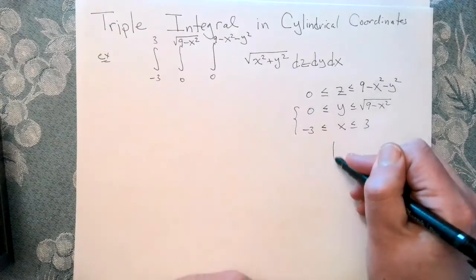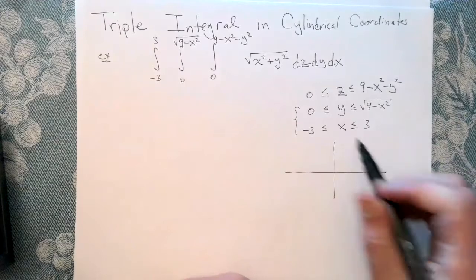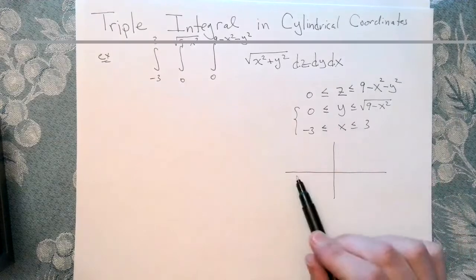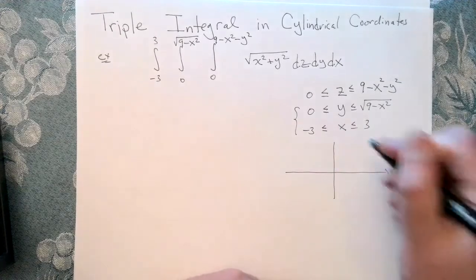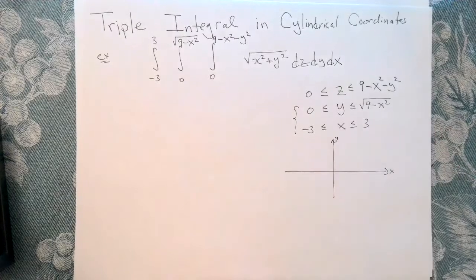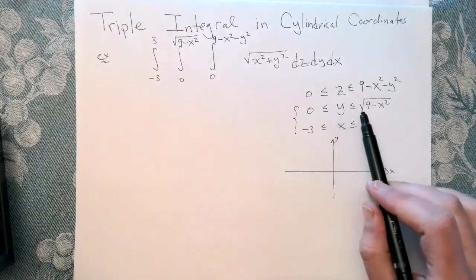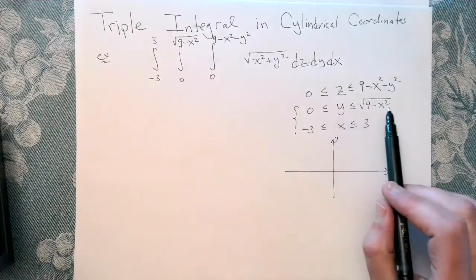So in the xy plane, y goes from 0, well, y equals 0 is the x-axis, to y equals the square root of 9 minus x squared.